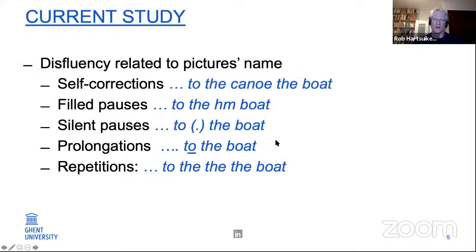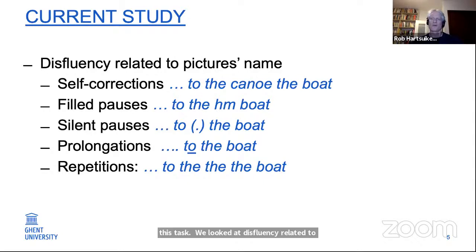One more thing to mention about the task is that we looked only at disfluencies that were related to the picture's name. These were the disfluencies related to the variables we manipulated, namely whether the picture is difficult to name or not. Typically we looked at prepositional phrases like to the boat.